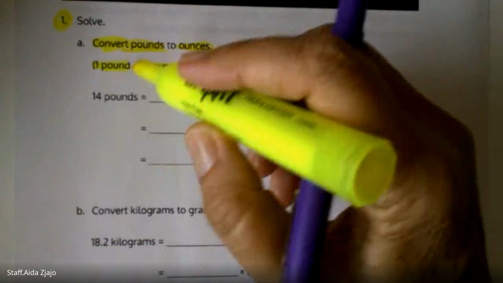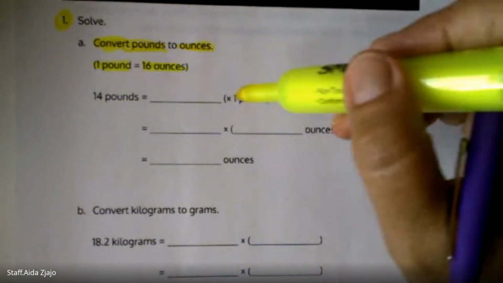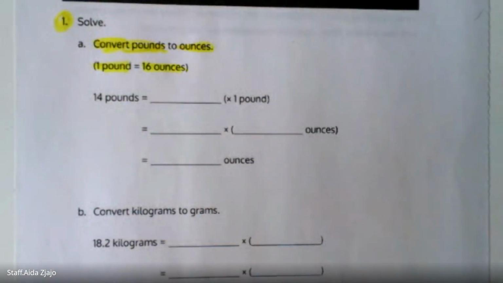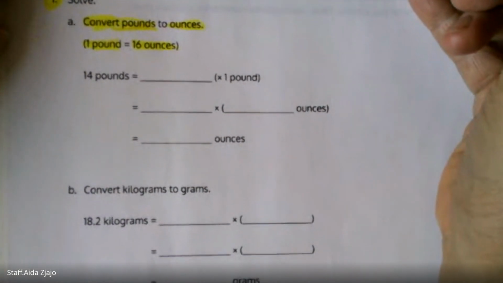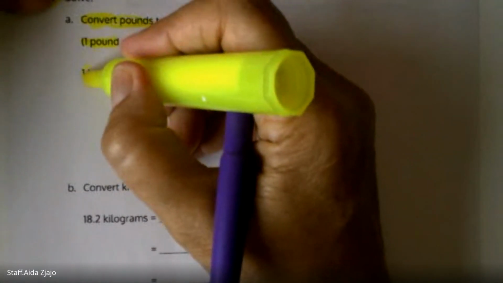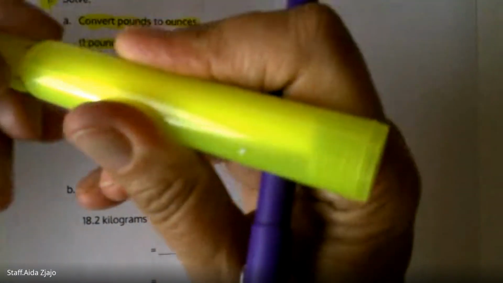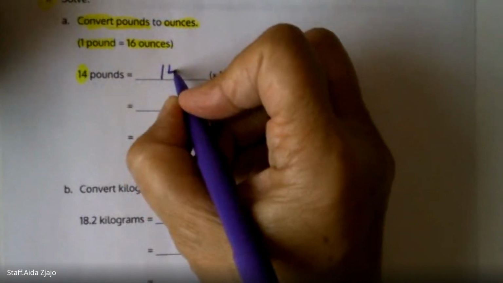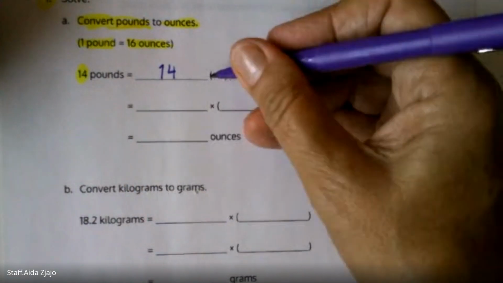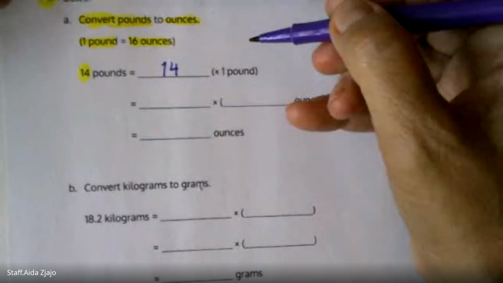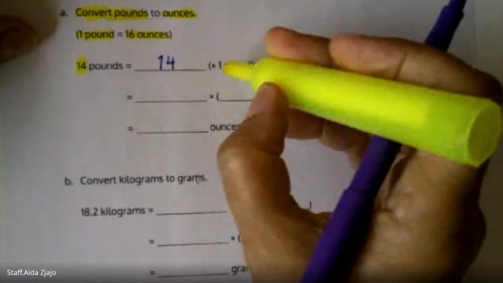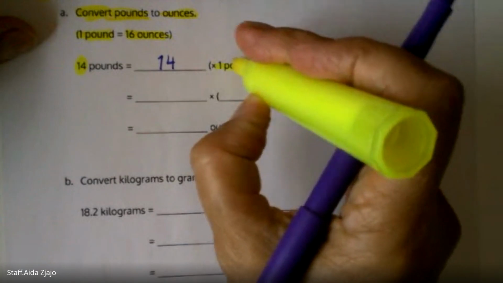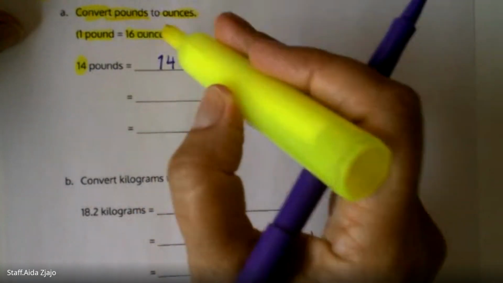So if we change pounds to ounces, our number has to be greater than 14 if you look logically at it. Okay, so let's think, if we have 14 pounds, 14 pounds means 14 groups of 1 pound. Now we know each pound is 16 ounces.